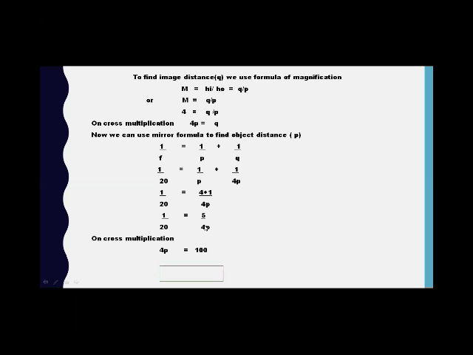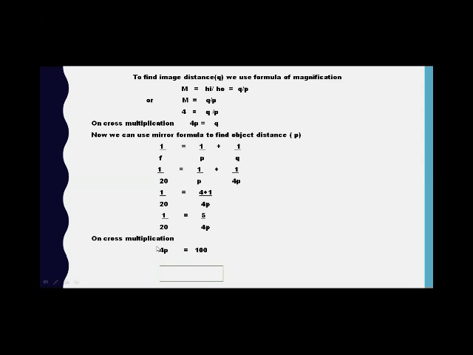This 4p will multiply with 1, so 4 ones are 4p, and this 20 will multiply with 5, so it will become 100. So here p is still not in isolated form, so we just have to isolate it.